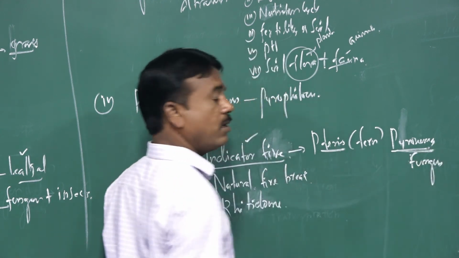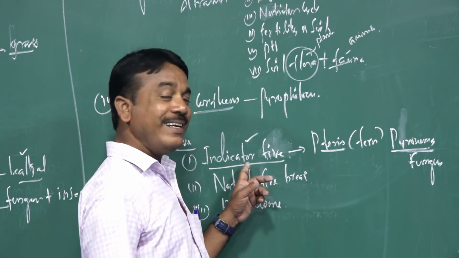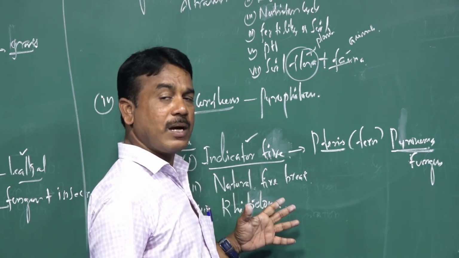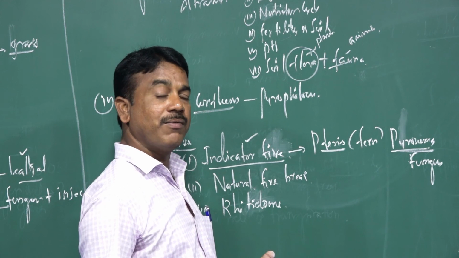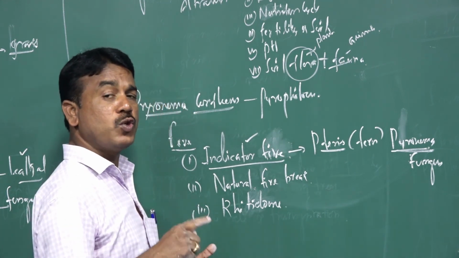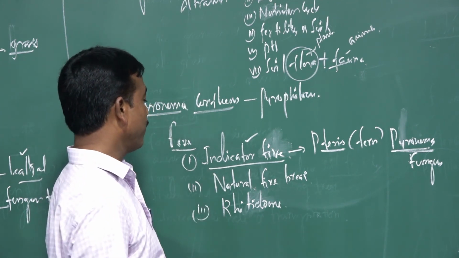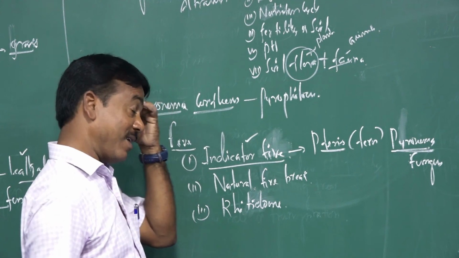So bracken fern and Pyronema fungus act as indicators. What are indicators commonly called? Burning or restricted fire areas are indicated by these things, which are commonly called indicator fires. Also called indicator fire.